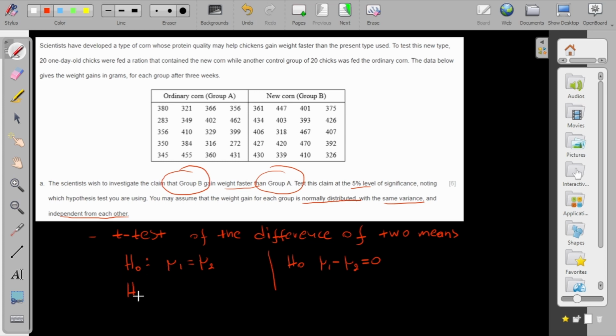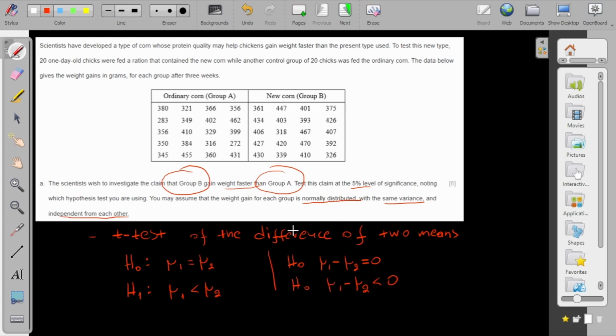And my alternative hypothesis will be that mean 2 is bigger than mean 1, or you can write it like this: mu1 minus mu2 is less than 0. Now, because they ask me to test this claim at 5% significance, what should I do?